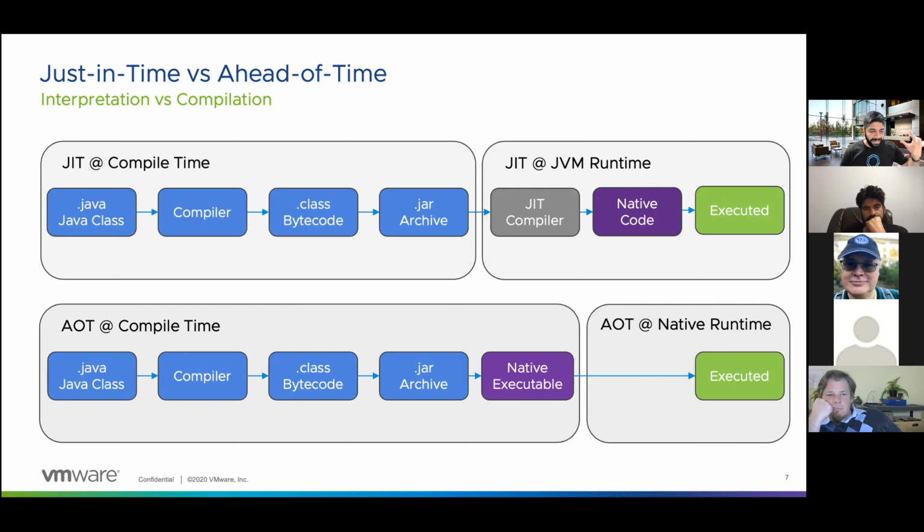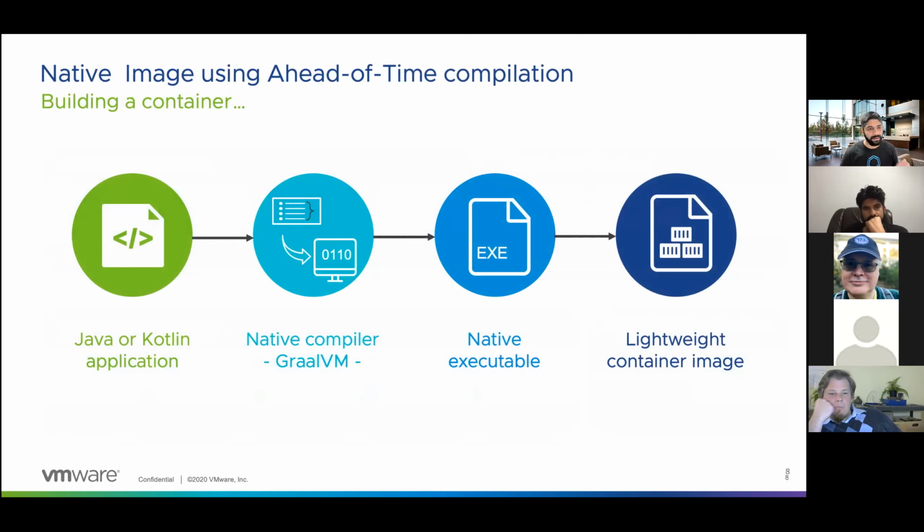So that's essentially what native images are. Instead of building your images with JVM, Java runtime, and your code, you are building it ahead of time, and that spits out a native executable. Again, another graphic here, but you have any JVM language, Java, Kotlin, and you have your native compiler. In this case it is GraalVM.